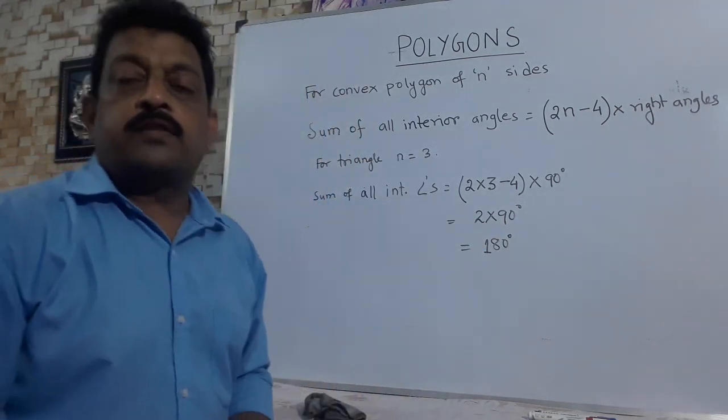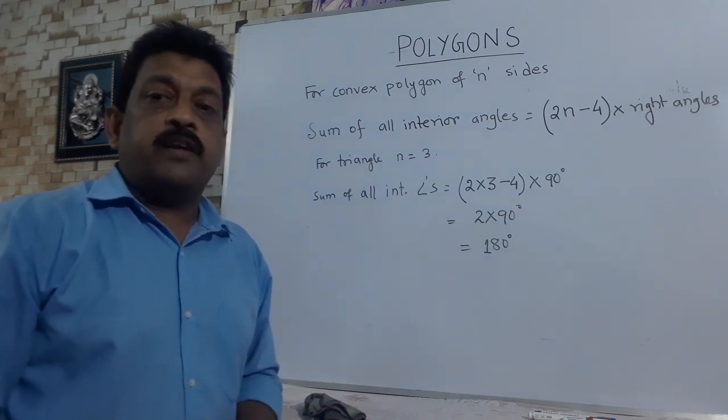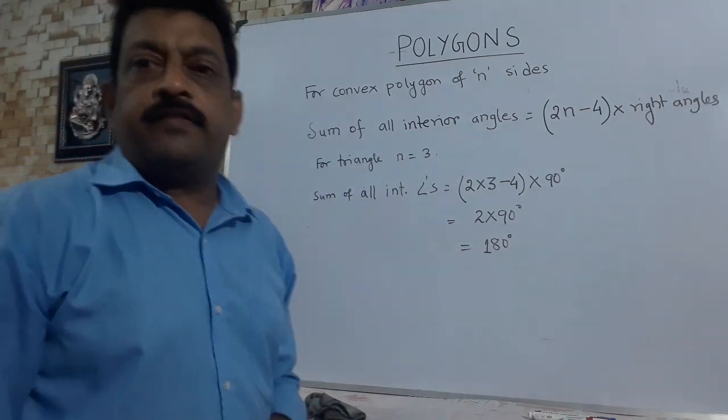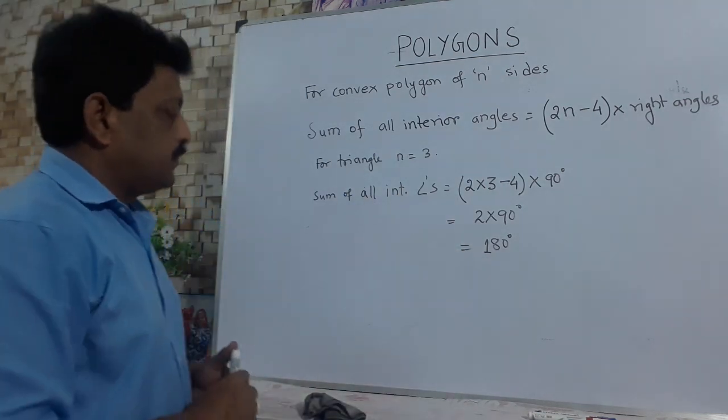We all know that the sum of all the interior angles of a triangle is 180 degrees. So the formula is verified here. Okay, just go through it.